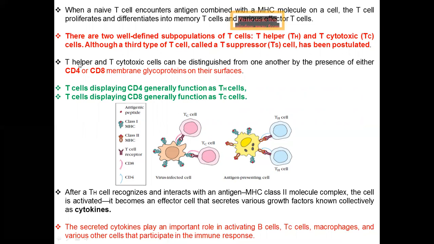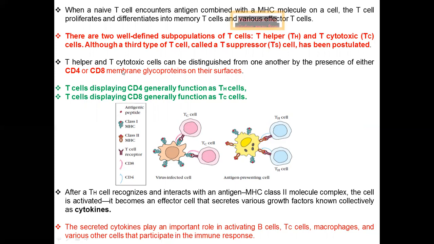So the CD4 and CD8 cells are the T helper and T cytotoxic cells. Those T cells expressing CD4 are called T helper cells, and those expressing CD8 are called T cytotoxic cells. So we can distinguish the populations of the T cells based on the markers present on their surface. Those T cells expressing CD4 generally function as T helper cells.